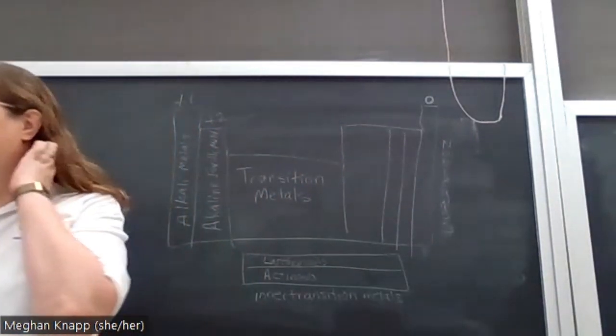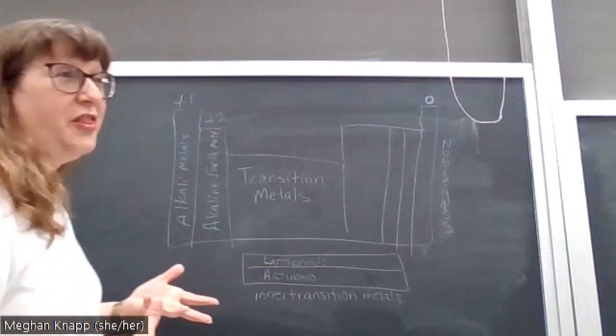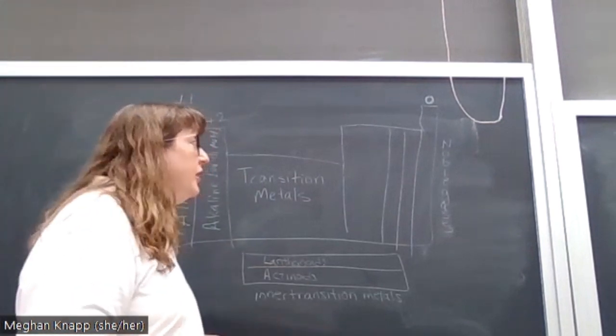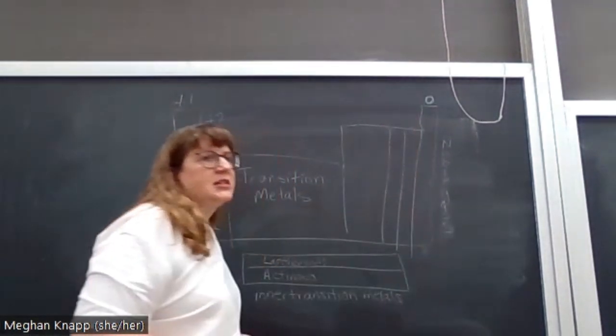They're sometimes called the rare gases, but they're not very rare. They're sometimes called the inert gases because they're not very reactive, but we actually can form compounds with them, so they're not completely inert.